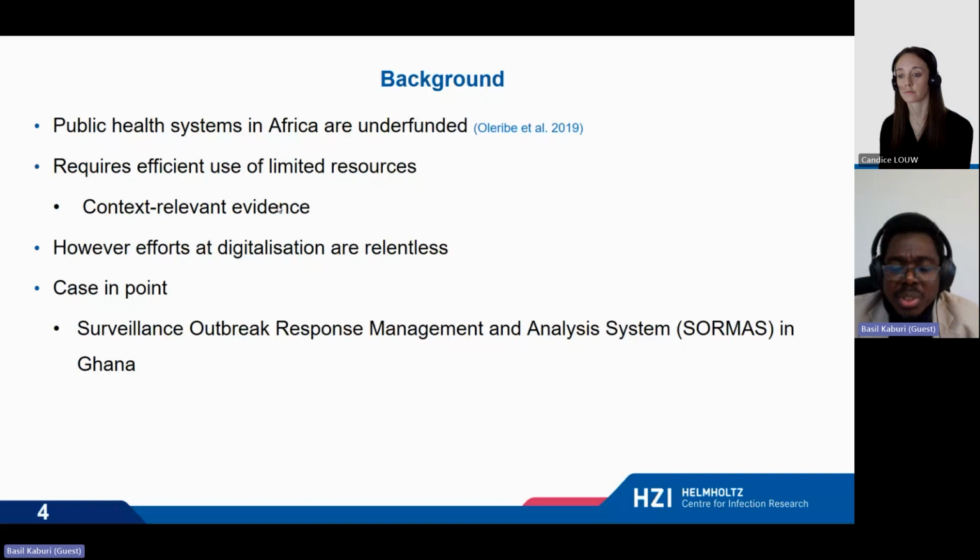So that informed efforts to study the formative stages of the implementations of these systems, to see what relevant context evidence we could get to support the countries implementing and other countries that are considering the implementation of similar systems. The case in point here is the implementation of SORMAS in Ghana. And for guests who may not be familiar with SORMAS, it's the Surveillance Outbreak Response Management and Analysis System.